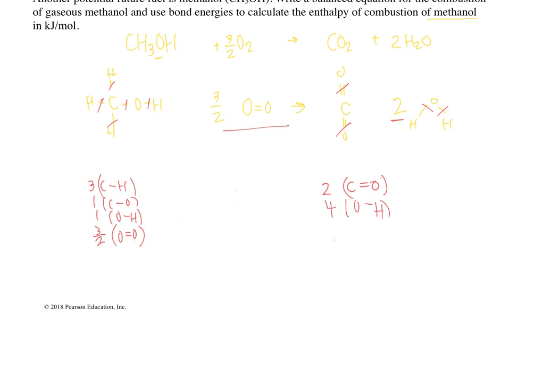If you want to take that into account, you totally can. So I'm going to find the values. So 3 times carbon-hydrogen, which is 414. I have 1 oxygen-carbon, which is 360. I have 1 oxygen-hydrogen, that's 464.